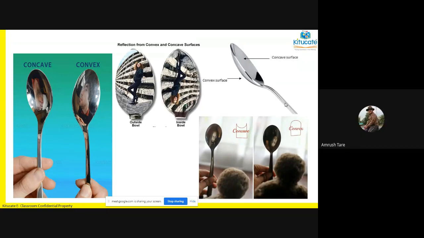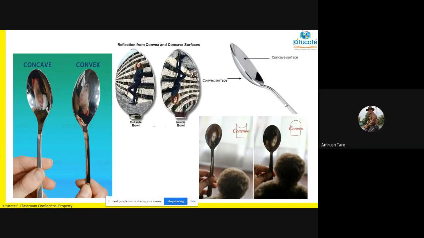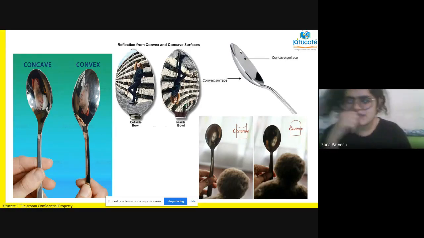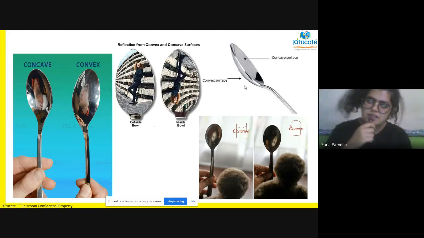Okay, so everyone is having a spoon. Good. Convex, concave. Here you can see where the cursor is. That surface which is going inside like a cave is called the concave surface. When you flip your spoon, you will see this surface as the convex surface.